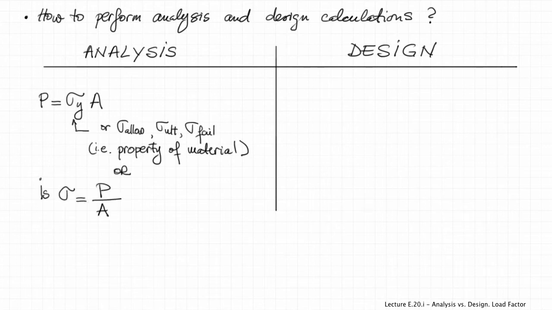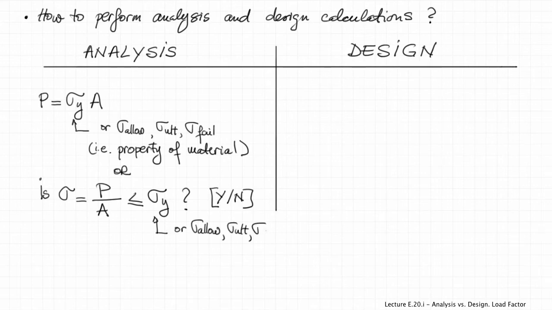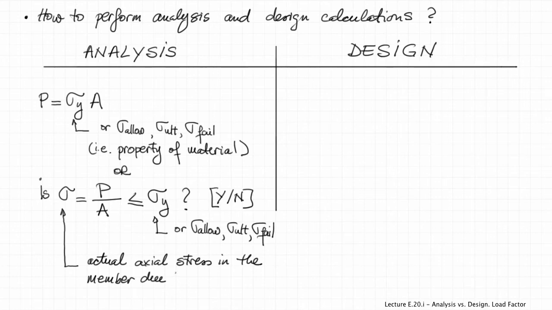Or if we are given the forces and we are asked to determine whether the structure is adequate or not under the given loading condition, then we have to solve this inequality. So we're calculating the actual stress equals the force divided by the cross-sectional area of the member that we analyze, and we check whether this has or has not exceeded the failure stress, sigma yield, sigma allowable, sigma ultimate, or sigma fail.